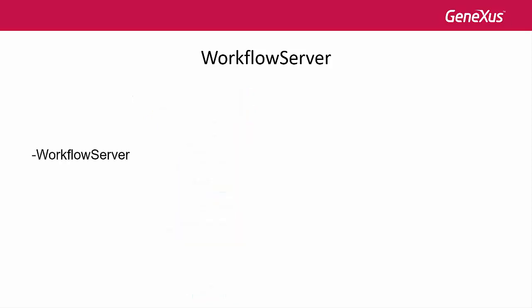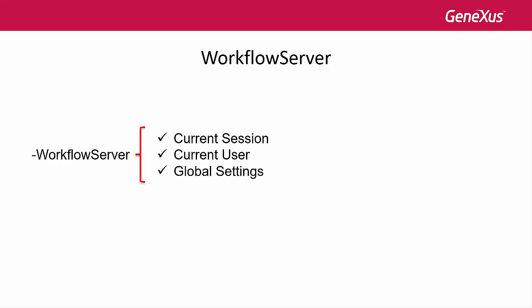The workflow server has a series of properties that allows us to get information about the execution environment. Those include the current work session of the logged user, the user information of the logged user, and the global settings for the entire server.